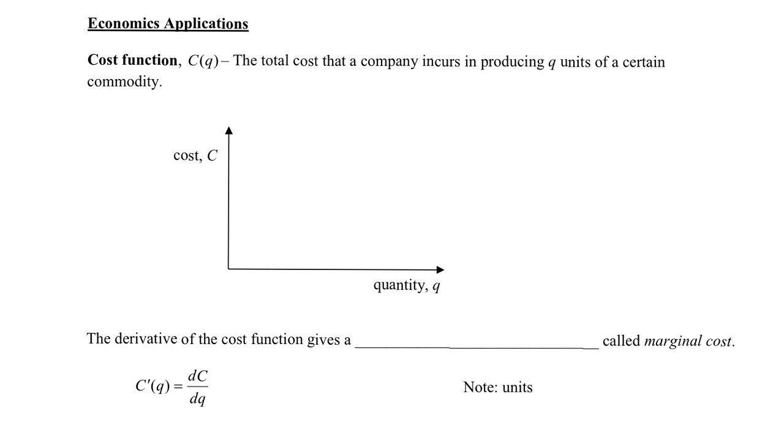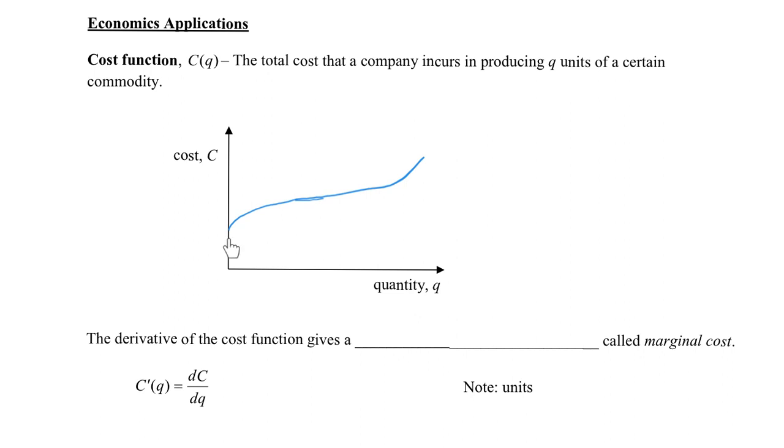I'm going to draw a typical cost function. Oftentimes cost functions look something like this, where there's a slow and steady increase, and then maybe at some point it shoots up. So we've got quantity and cost. This point right here, often in econ you call this the fixed cost. So even when nothing is produced, the quantity is zero, you still have these fixed costs.